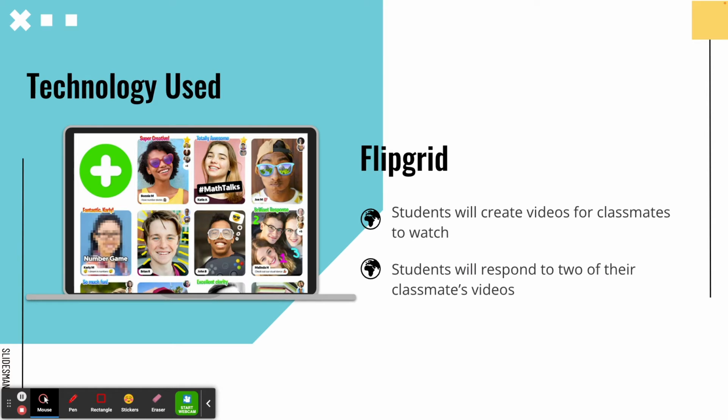So the students will create videos for the assigned classmates in that question to watch. The students will also have to respond to two other classmates in that specific topic question that they are answering.